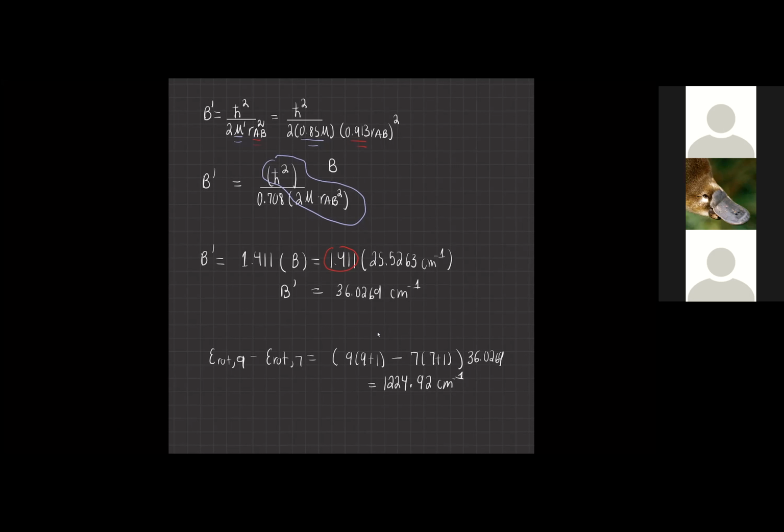So you multiplied 0.85 by 0.913 by 0.913, and you got 0.708, and then it's 2 mu times the radial length AB squared, and you already have that original value, right? Yeah, exactly.